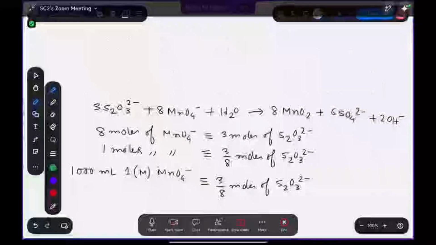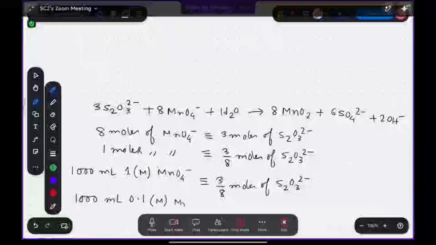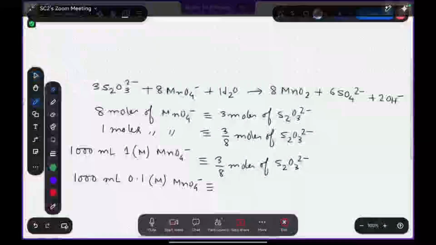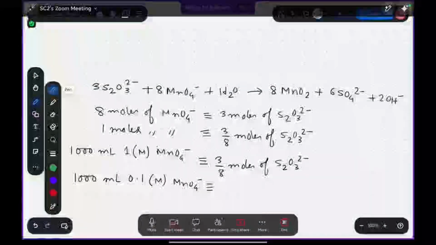So what does it become? What is given to you? What volume of 0.1 molar? Let's consider this first 1000 ml only. 1000 ml, 0.1 molar permanganate. How many moles would that make sodium thiosulfate? If 1 molar permanganate in 1000 ml means 3 by 8 moles of thiosulfate, then 1000 ml 0.1 molar permanganate, what would that mean?